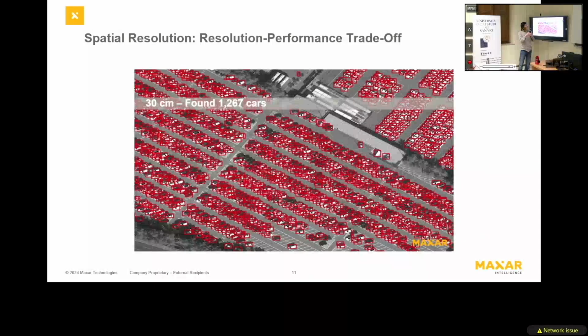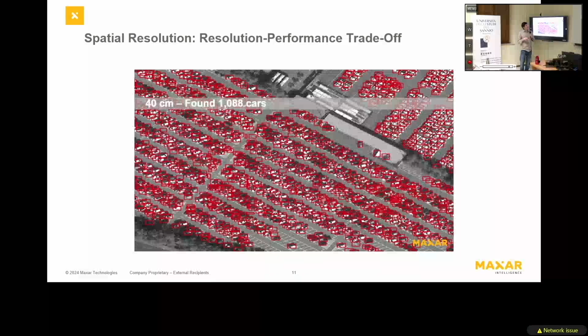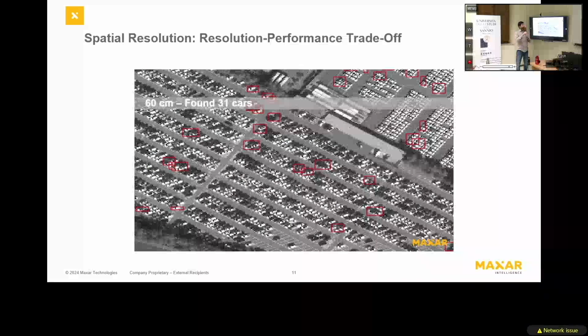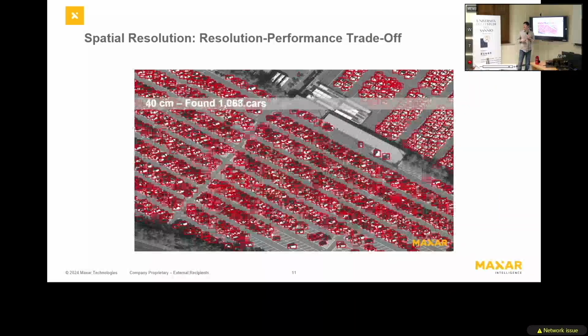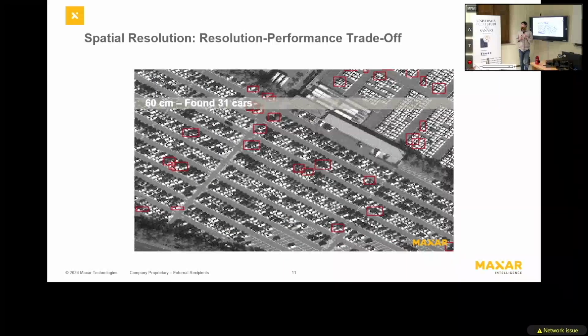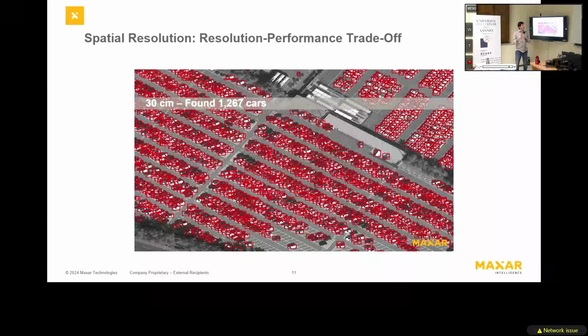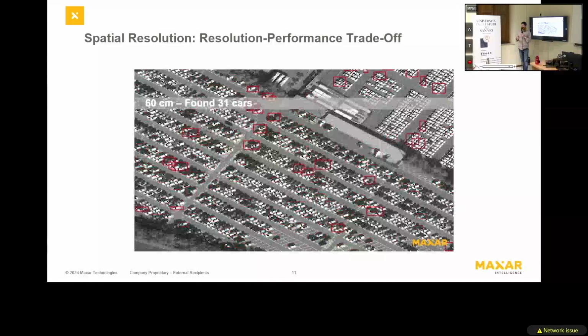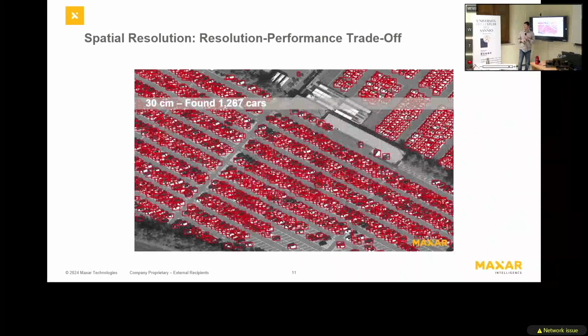If we go to 50 and 60, it gets a lot harder. And again, NIIRS plays a huge role in this, and in general the collection geometries play an important role. So when you get an image, make sure it has the resolution that you're looking for in the specific application.